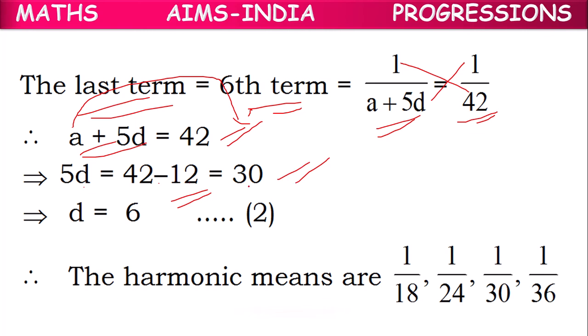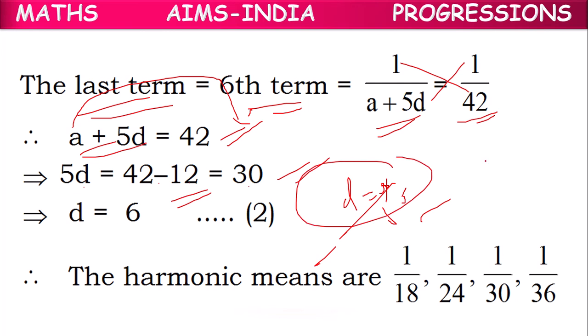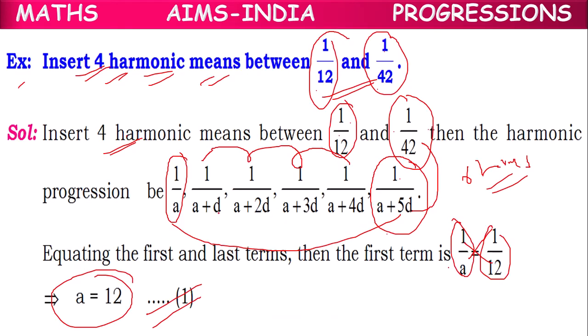So 5d equals 30, and d equals 30 by 5, which is equal to 6. So we have got the a value and the d value.